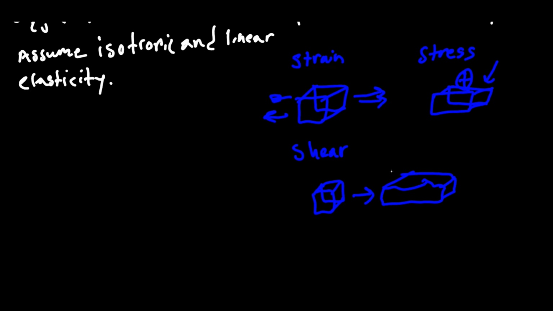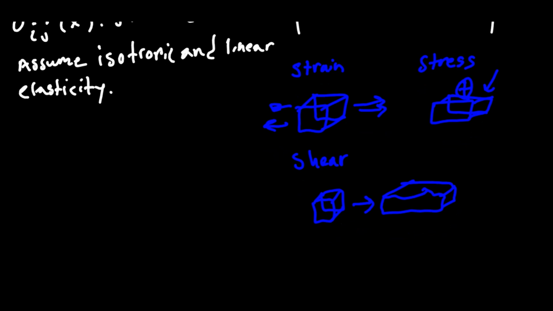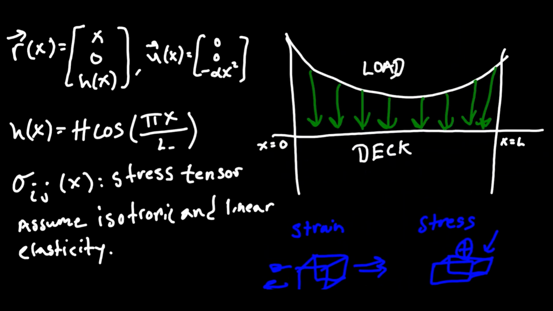So for our first point of analysis, we're going to look at this bridge, and we're going to say that the cable is modeled by this right here, where h of x is equal to this cosine curve. And then here we also have a displacement vector.